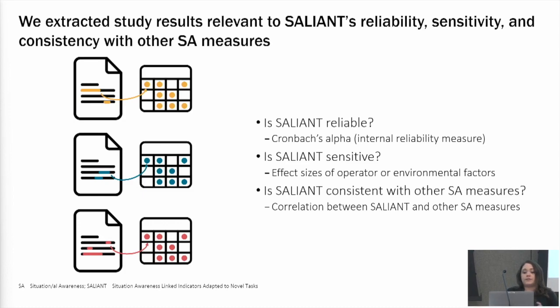If it reported some measure of sensitivity, such as an effect size of a factor that was either measured quasi-experimentally or experimentally manipulated, we recorded those as well. And then in terms of consistency, we recorded any correlations reported between outcomes for SALIANT and outcomes for other measures of situation awareness.